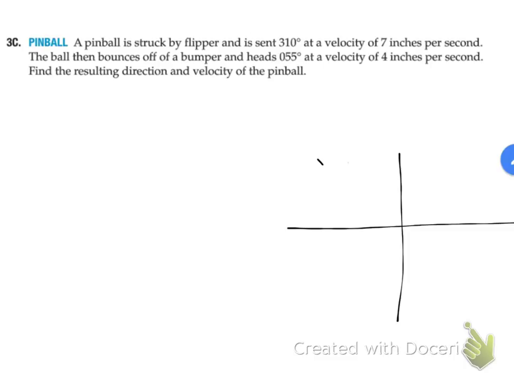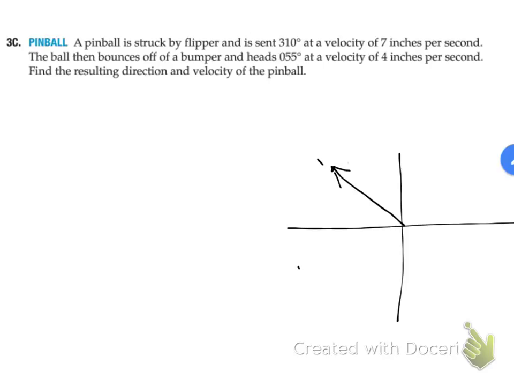So, if I go 4 centimeters in that direction, that means I will end up going to about there. So I am going there.